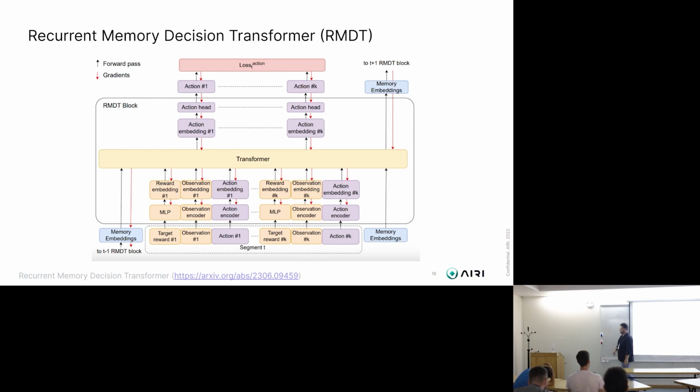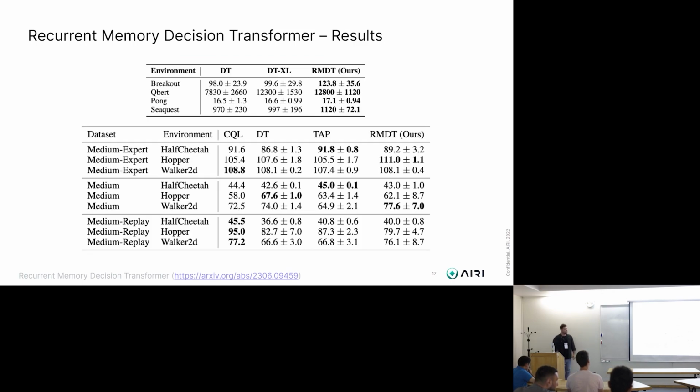These memory embeddings help us to transfer some information: when the context passes away here, this information will be kept in the next context chunk. And using these modifications, we show more or less the same result as the decision transformer. Our more recent model we will discuss next. But we outperform the decision transformer and its variations on control and game environment tasks.